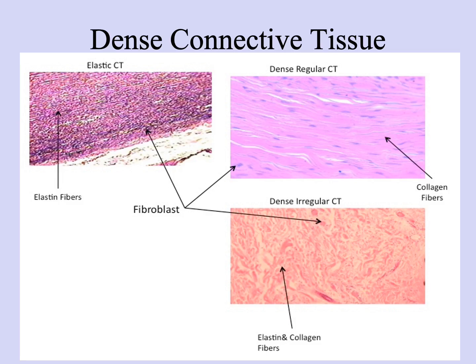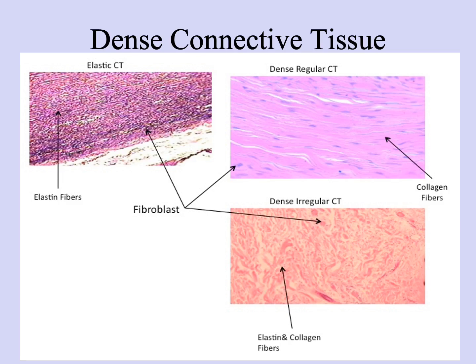So we have the dense connective tissue, and what you notice with the dense connective tissue, with both the elastic and the dense regular connective tissue, is this regular pattern of arrangement. And so within the connective tissue, we will have a whole bunch of collagen proteins.